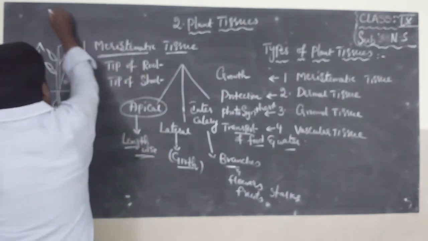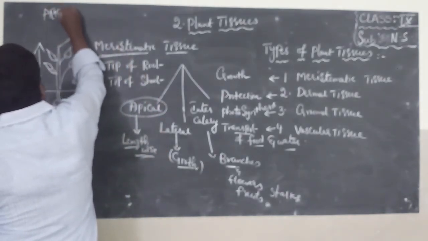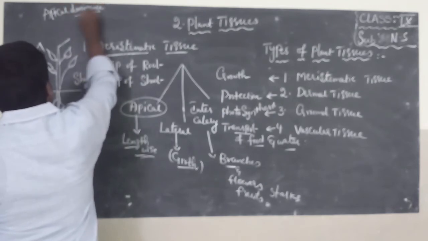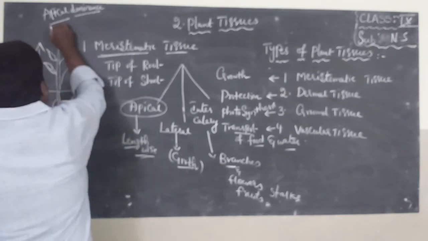So that is called apical dominance. What is meant by apical dominance? It is not in your textbook, so write it down.